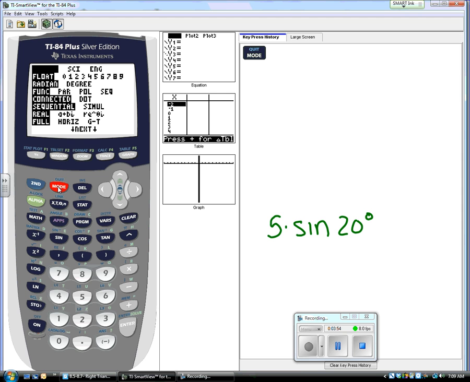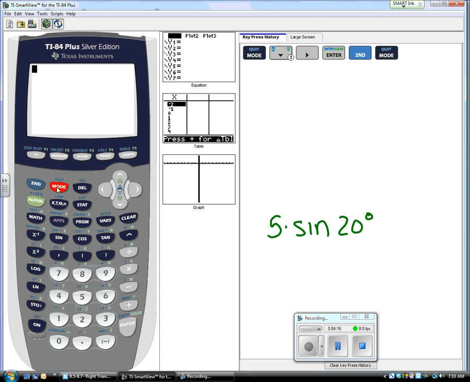If you look at the third one down, it says radian. There's two ways we can measure angles, radians and degrees. You'll talk about radians next year. Make sure your calculator is in degree mode. This isn't going to affect any other calculations except for when you're doing trigonometry. So once degree is highlighted, you can quit.